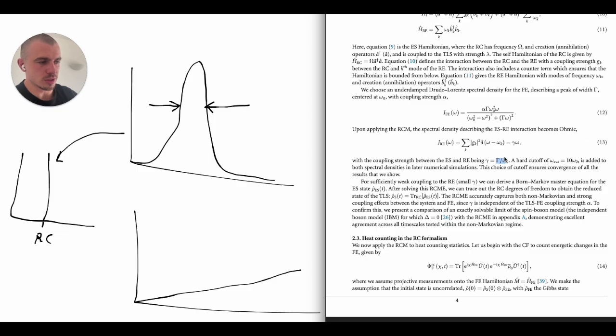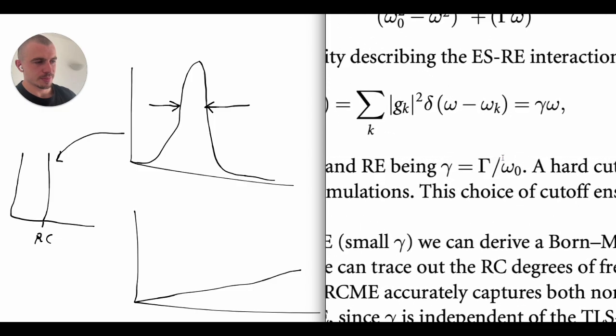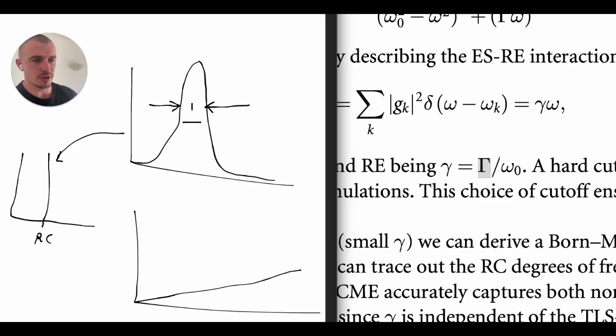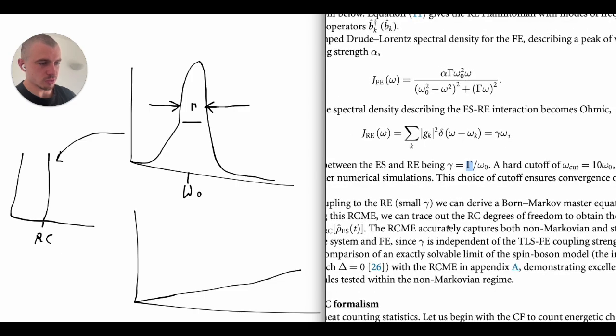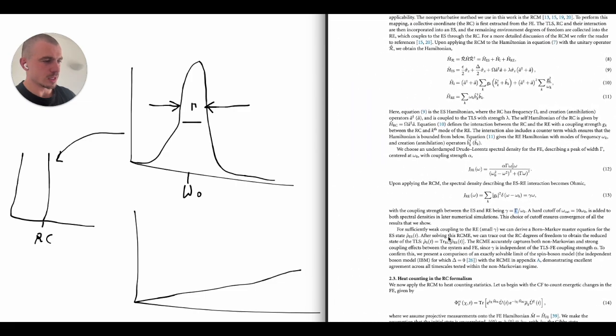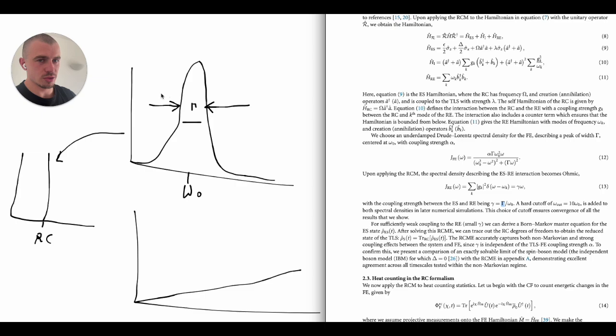So it's actually only proportional to the ratio of the spectral density width, gamma, and the peak location, omega naught. Right, and because of this, what it's going to mean is that the reaction coordinate master equation is valid for strong system environment interactions. And by that I mean the original two-level system interacting with the full environment.